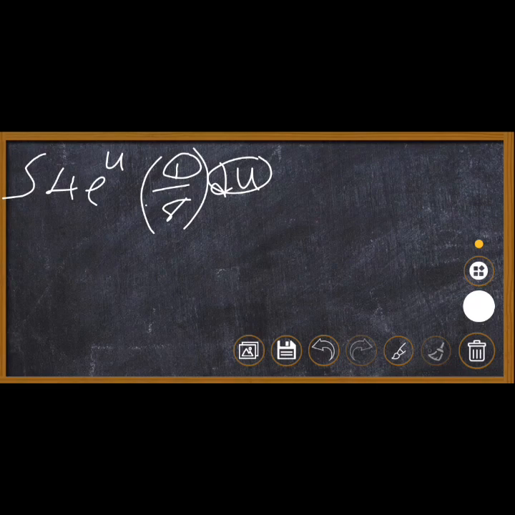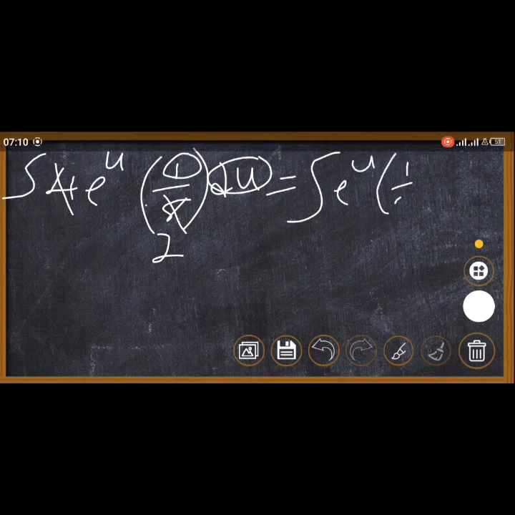So we can simplify this. The integral of 4 times 1 over 8 gives 1 over 2, and we have e raised to power u. Remember, we are integrating this with respect to u.